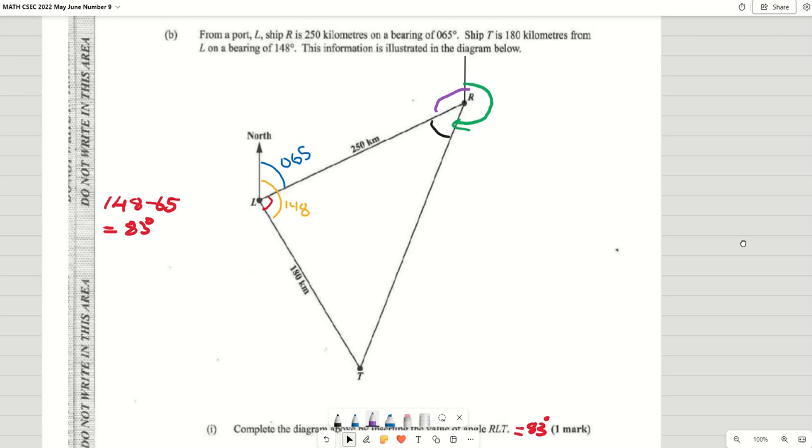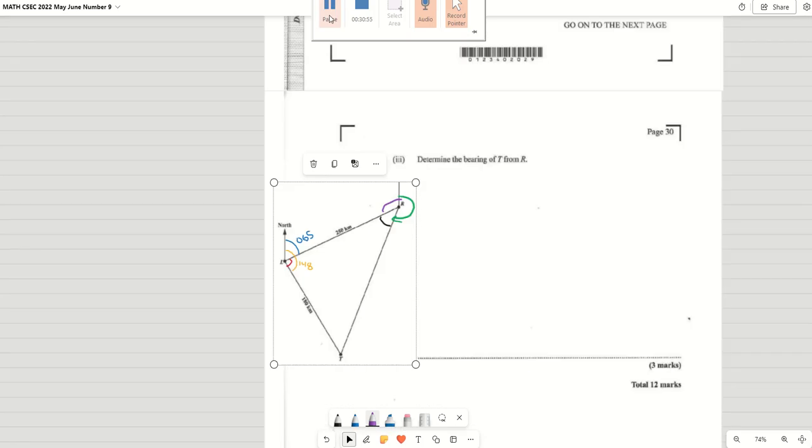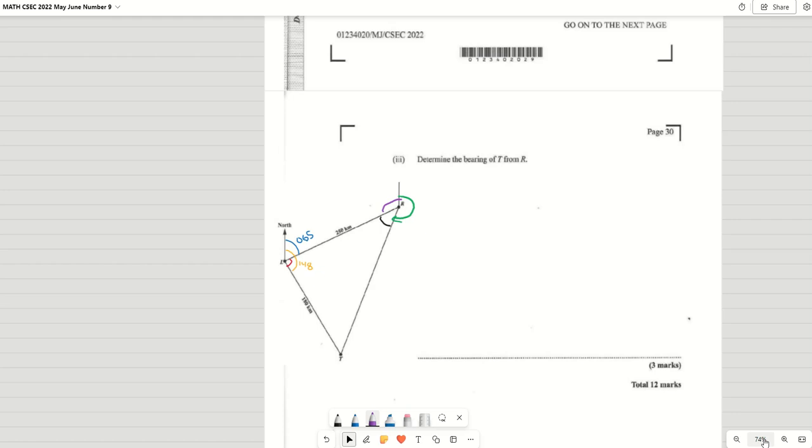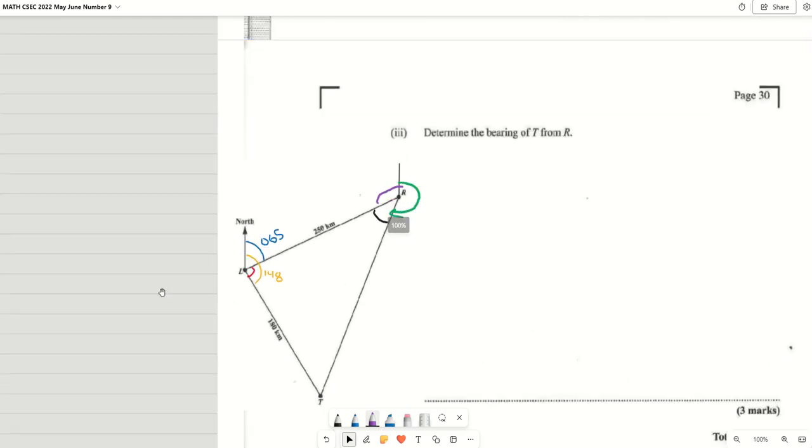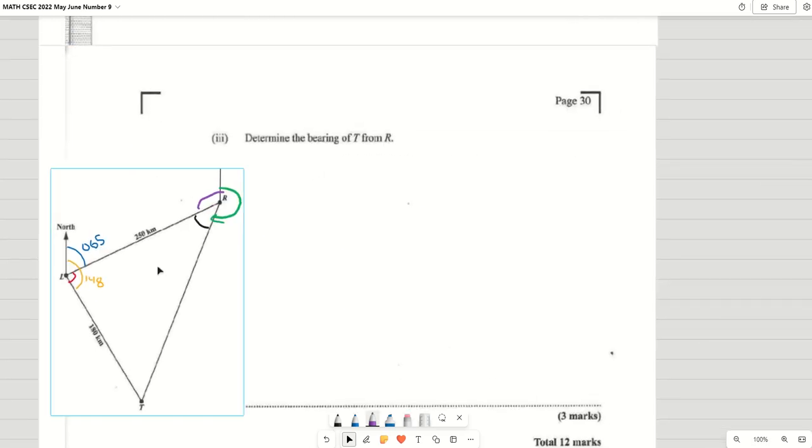Just to avoid going back and forth, up and down, I am putting that right here so we can see it. So that black angle here, we know. There are two ways to do this: you can use the cosine rule, or you can use the sine rule. Why can we use the sine rule? Because we have an angle and the side that is opposite it.